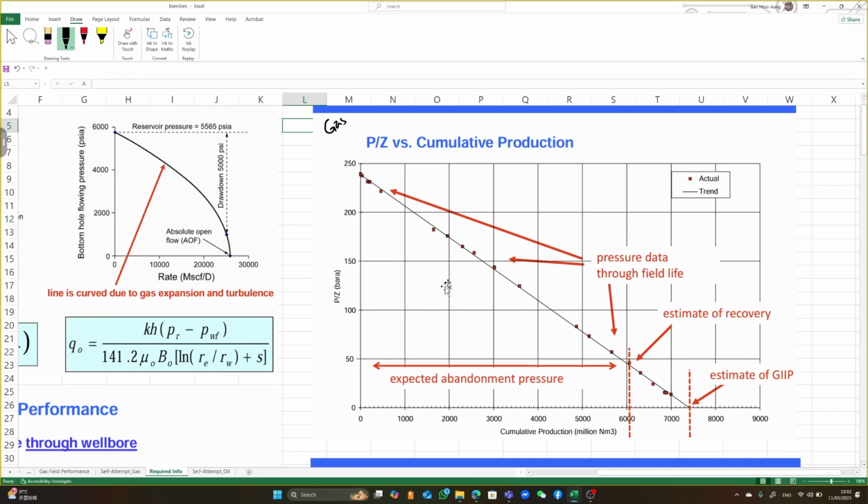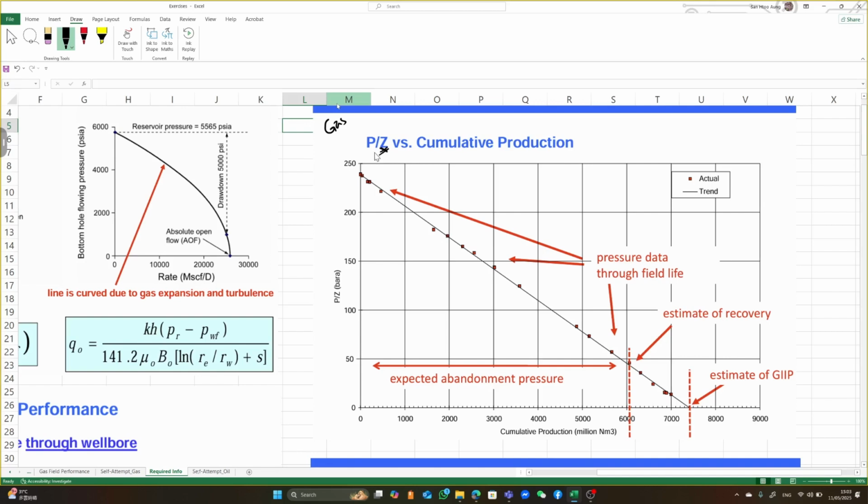Okay, so P over Z basically means pressure divided by Z, the compressibility factor. And we got the profile over here. And then we have the cumulative production profile, which you gather as you produce. And what we're going to do is, let's stop imagining the compressibility factor for a bit. Let's consider that it doesn't exist.